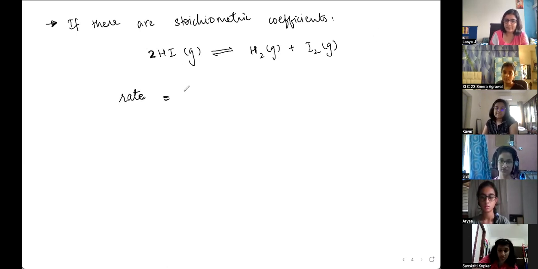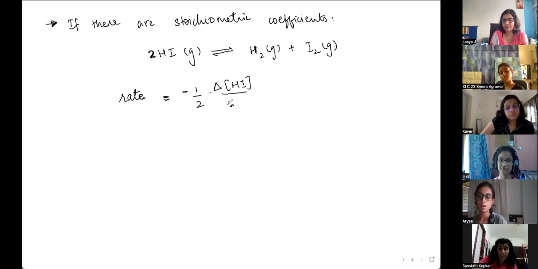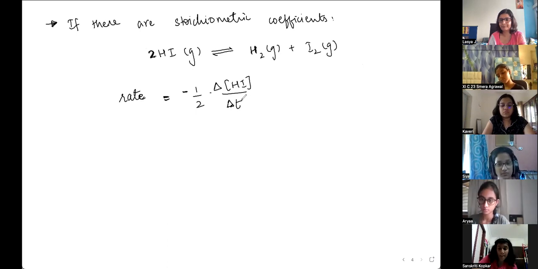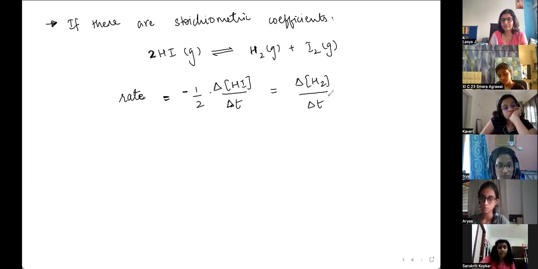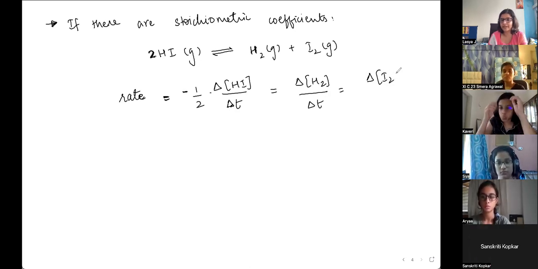So the rate of disappearance of HI becomes minus half into the change in concentration of HI upon change in time, which will be equal to the rate of appearance of H2 per unit time, which will be equal to the rate of appearance of I2 per unit time.